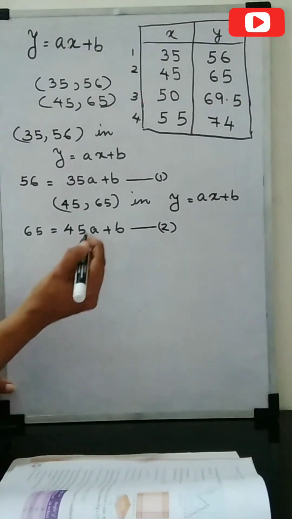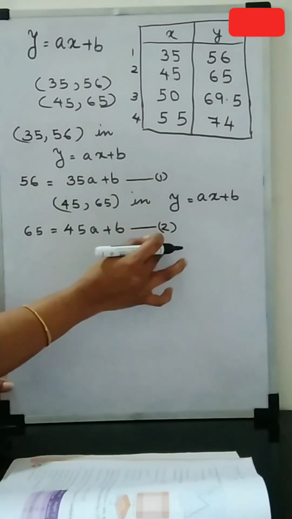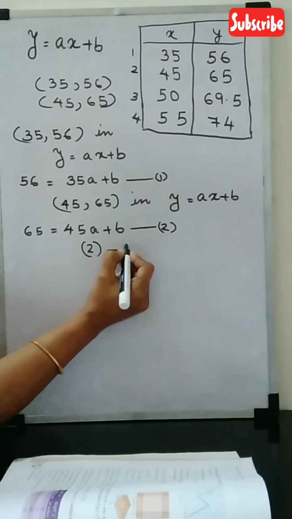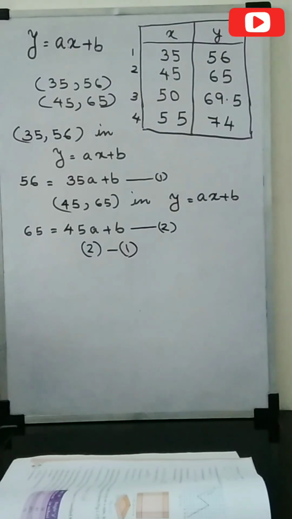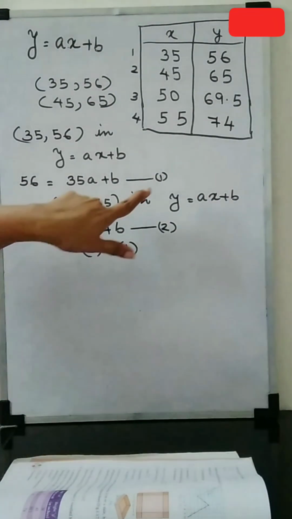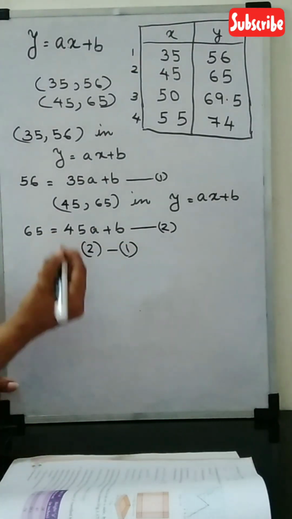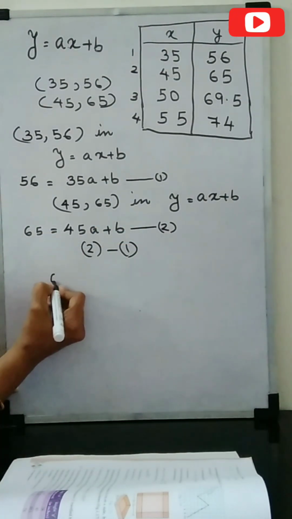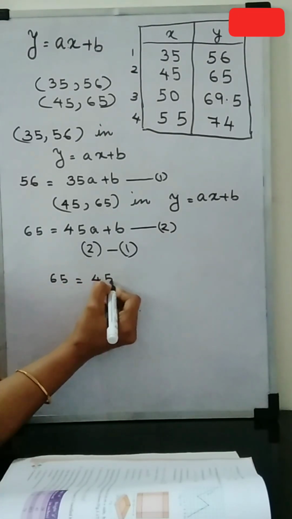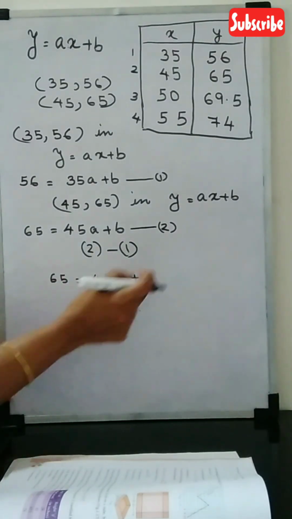It's easy. Let us subtract equation number 1 from equation number 2, that is, equation number 2 minus 1. How do we do it? 65 is equal to 45a plus b, this is equation number 2.